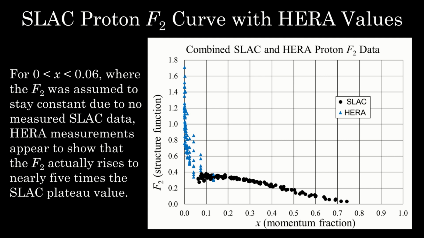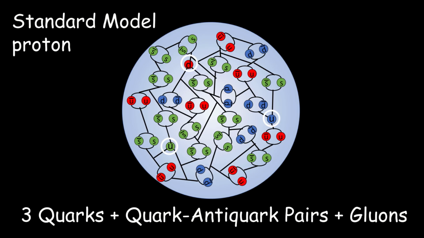This was thought to be because of the gluons in the proton the lower energy SLAC experiment could not see, and seen as a validation of the gluons in the proton. By the mid-1990s, this proton model had become, and still is, the standard model.